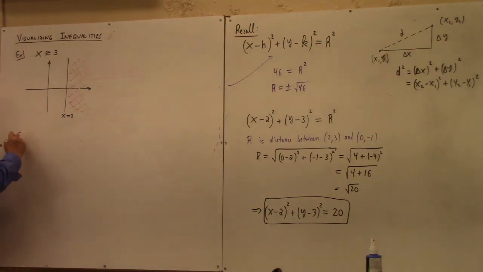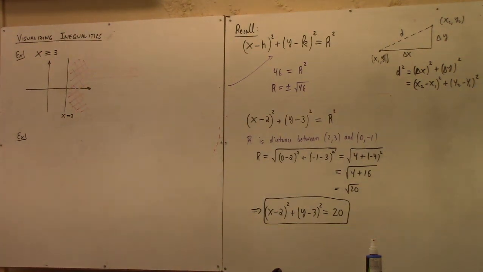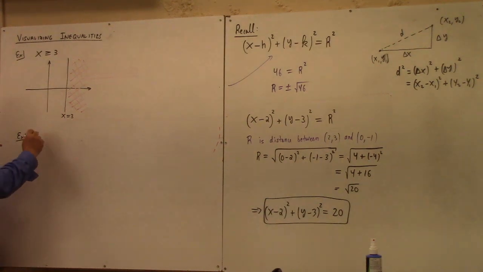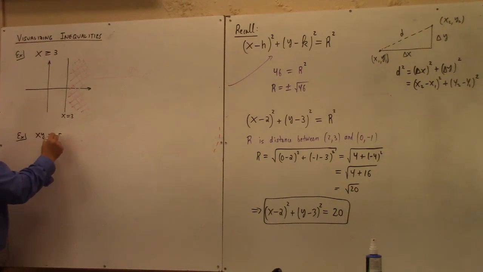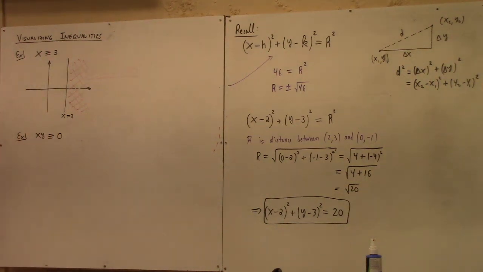Another example. Here's one: xy greater than or equal to 0. We could look at that. That's another kind of neat example. Let me get rid of the equality. xy greater than 0. What is that? If we think about real numbers, how does that work?